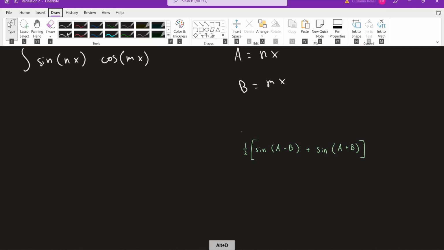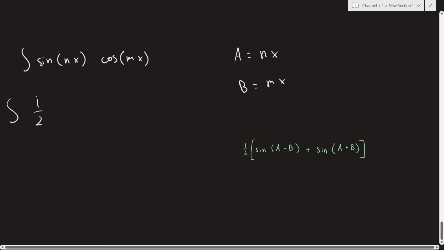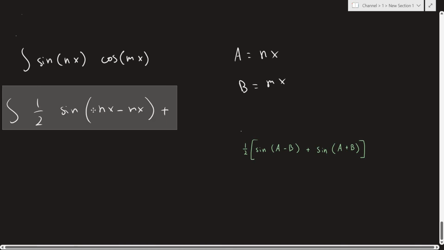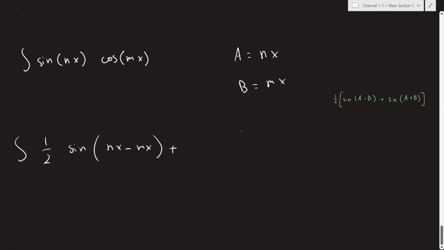So let's rewrite it. So we have integration of half sine A minus B, so sine nx minus mx, plus, let me take this down, so plus sine A plus B, which is nx plus mx.